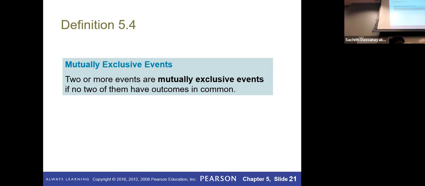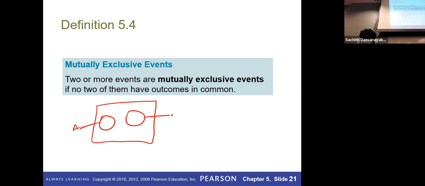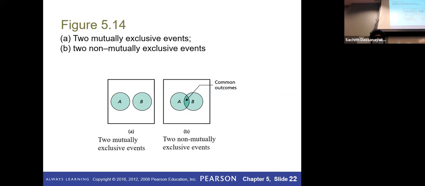They don't have any relation. Using a Venn diagram, we can show it very easily. A is this one, B is this one. They don't have a common area. Here this is the mutually exclusive event, and this is the non-mutually exclusive event because they have a common space here.